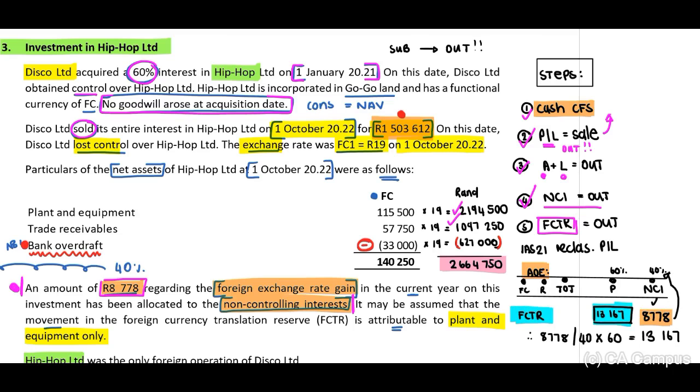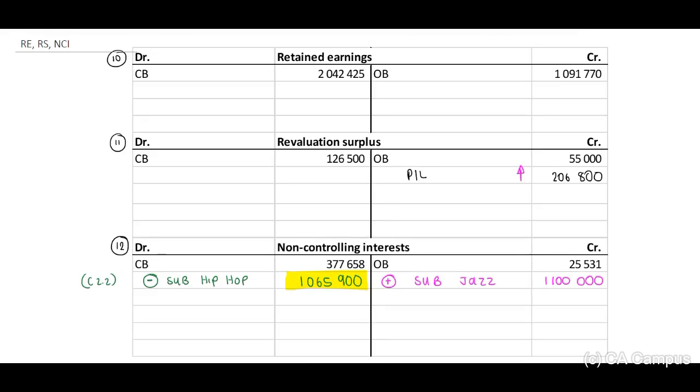Right, now let's just first transfer the 8778 to our NCI. Okay, so if we look at our NCI, and you think about your analysis of owner's equity, our NCI will increase on the credit side. Therefore, let's include here that this is the FCTR. They've provided this amount to us, the 8778, right?